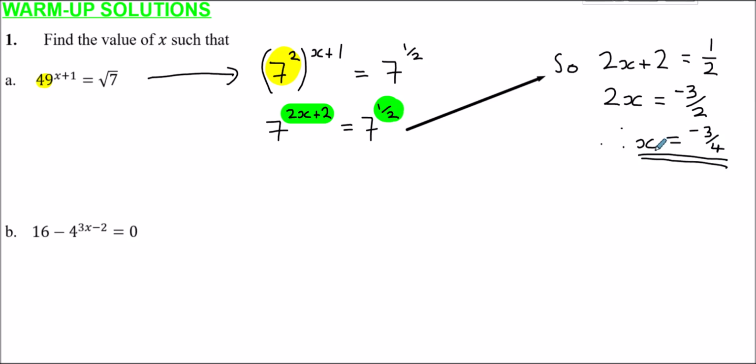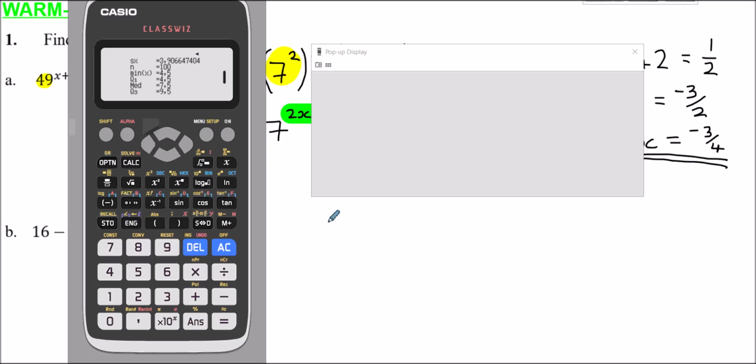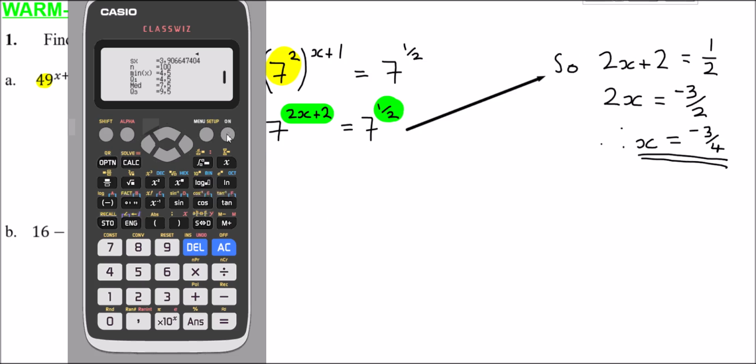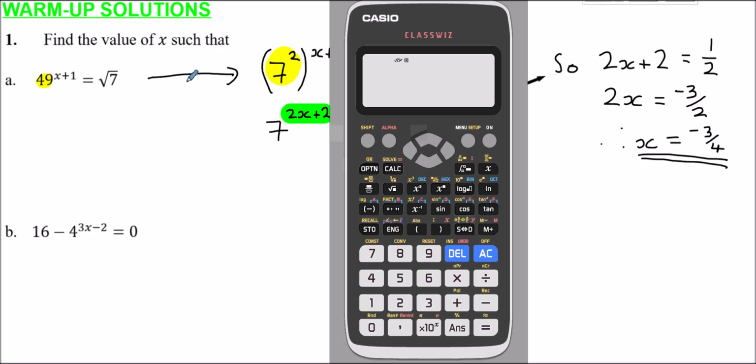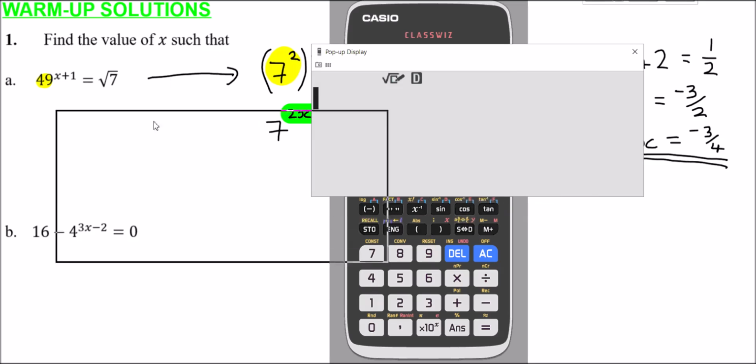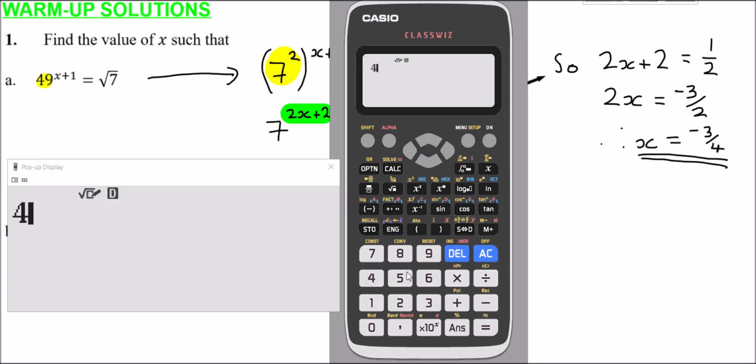So how could you check this on a calculator? Well, what we could do is actually input this value of x onto a ClassWiz. So if we have our ClassWiz here now, make sure it's back in the normal mode, so menu option 1. Let's try. I'll just make the screen bigger for you so you can see it. So 49 to the power, now we think it's minus 3/4, so minus 3/4 plus 1.